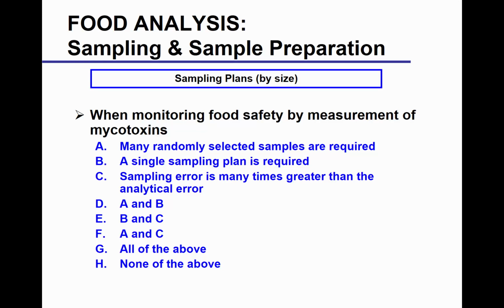No mycotoxins are allowed, especially aflatoxin B, as an example. So you want to take many randomly selected samples in order to ensure that you don't have mycotoxin.